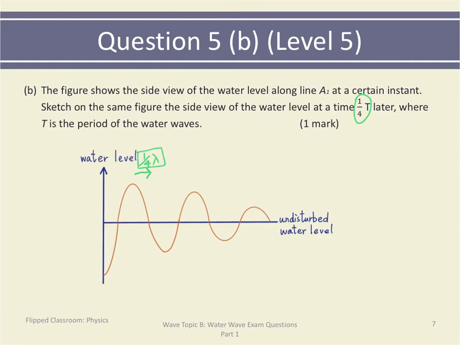That means at the beginning, it's the trough, and it will move a quarter, so it will become here. And the crest here will also move a quarter. Similarly, the whole waveform will move to the right by a quarter of a wavelength like this.